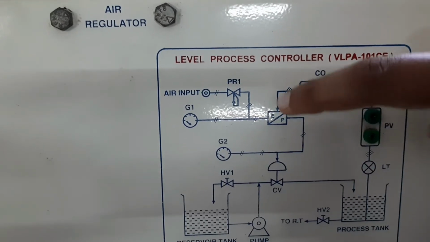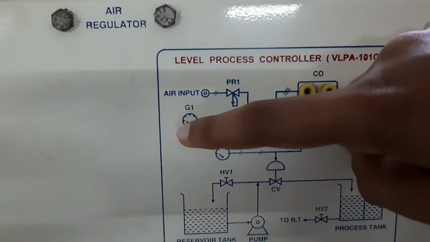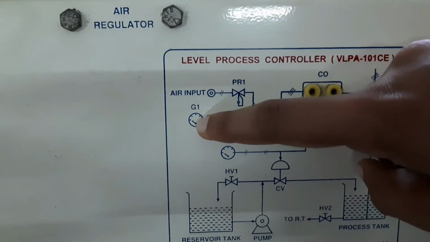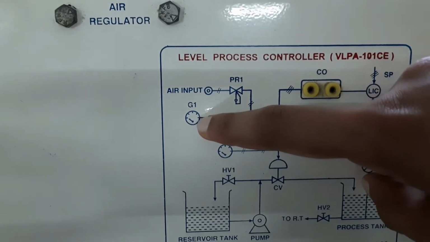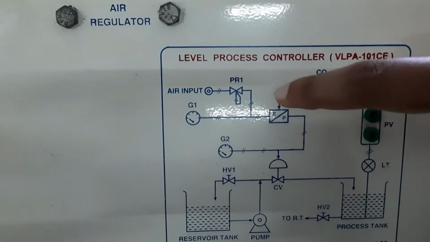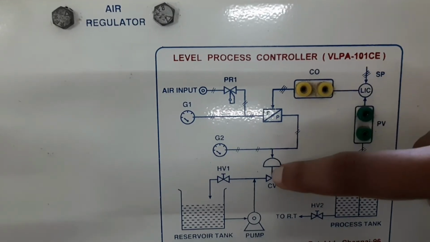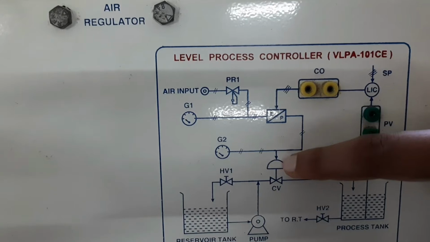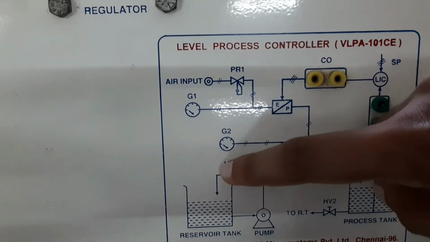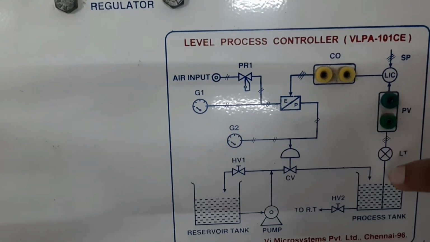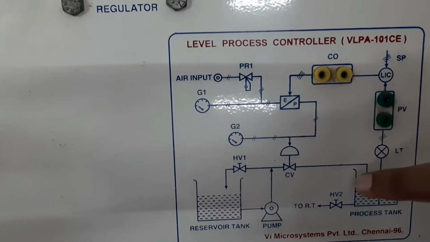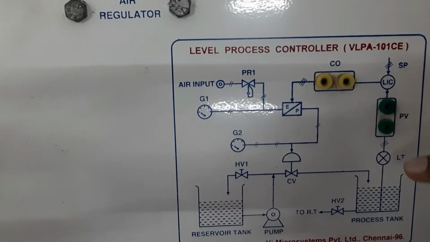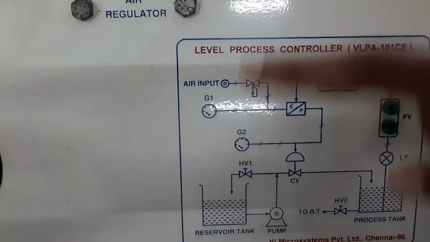In order to provide the required pressure, we have a compressor here, and that compressor pressure will be given to the control valve so that it can be in a suitable position so that the controlled amount of water will come into the process tank so that we can maintain the level at a constant value. So this is the block diagram.